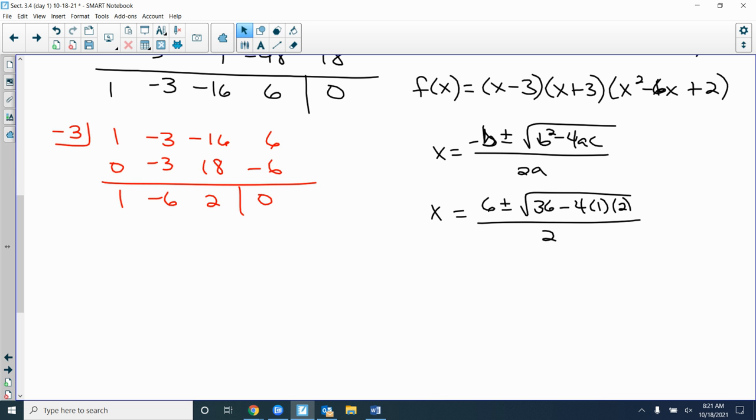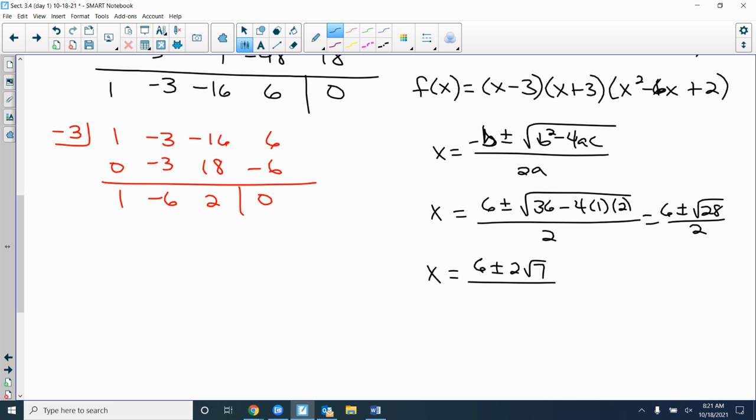All right, what do we get on the inside? Is it square root of 28? Yeah. Okay, now I want to simplify. So that equals 6 plus or minus square root of 28 over 2. And now what is square root of 28? It simplifies to 2 radical 7. So I got 6 plus or minus 2 radical 7 over 2.